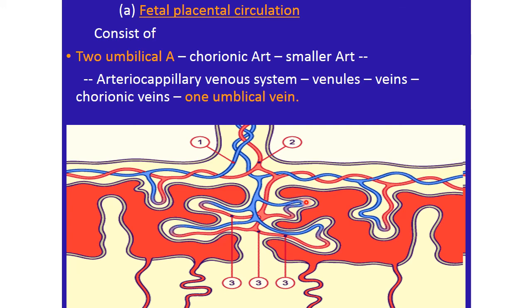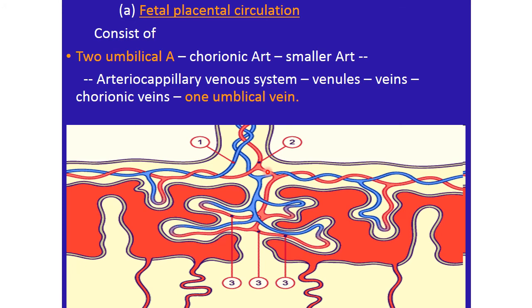And here the exchange of material takes place between the blood present in the fetal capillaries and the maternal blood present in the intervillous space. Then from the arteriocapillary venous system, small venules arise and join with one another to form smaller veins, then medium veins, and ultimately the larger chorionic vein.